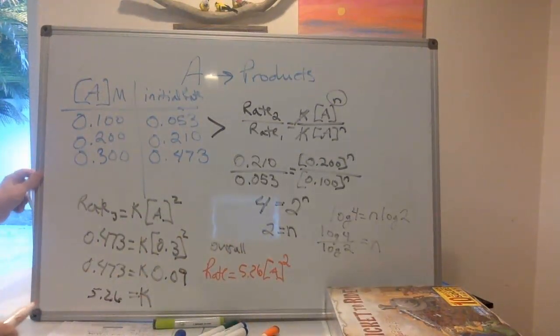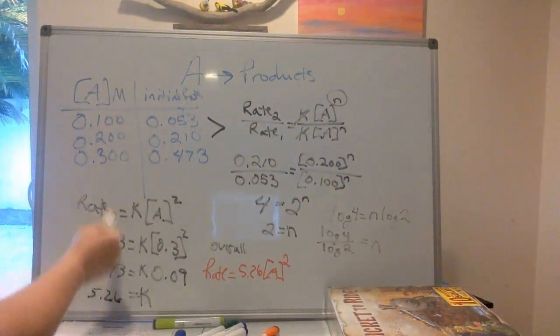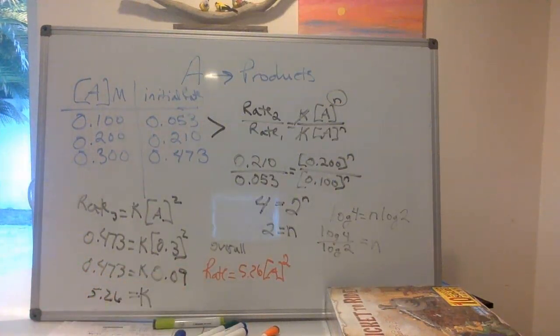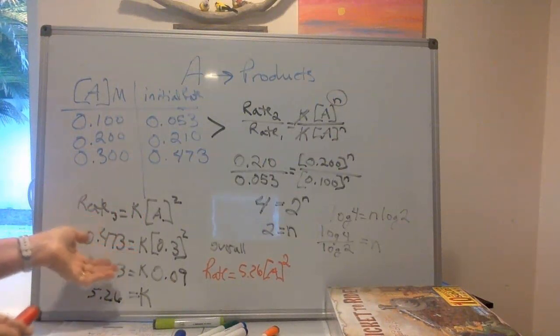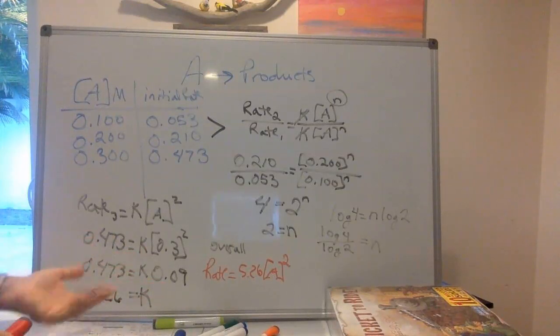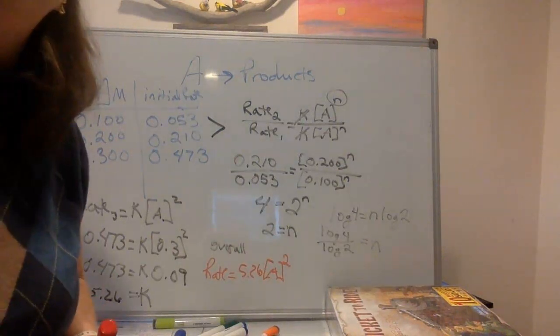So that's the overall rate law. If we ever had any more data, we could just plug it into that to determine the rate. And this is how they do medicines and everything else, right? Because they want to make sure that the medicine is able to help you without killing you, or not being effective. So we want to make sure that the rate is effective. All right? Okay, so now let's go on to number 2.